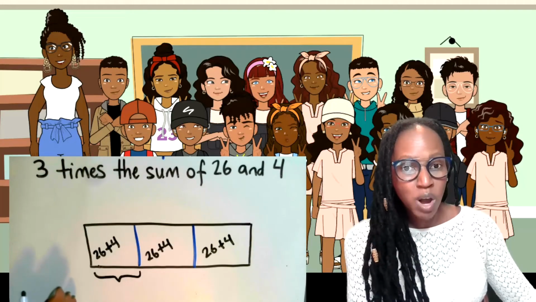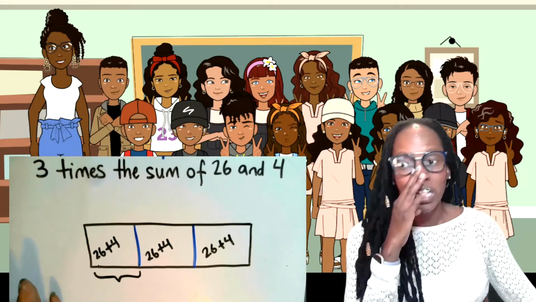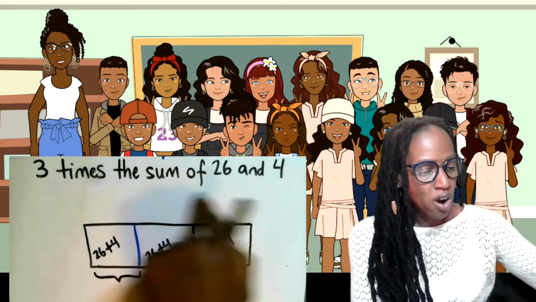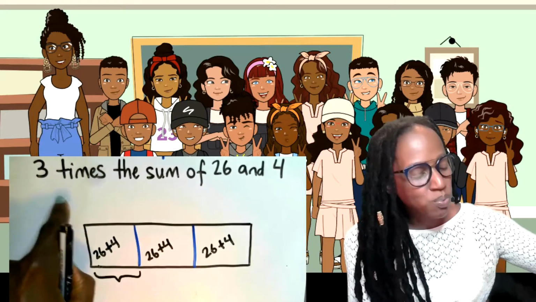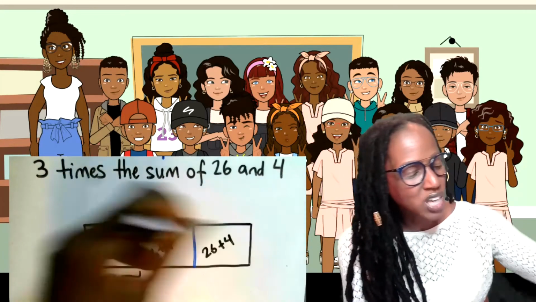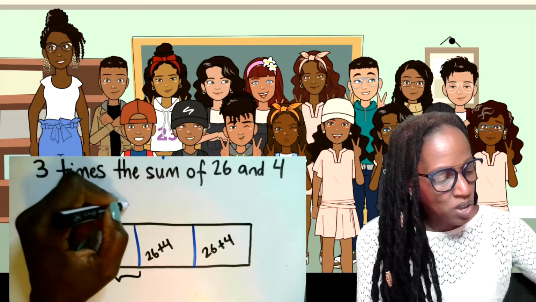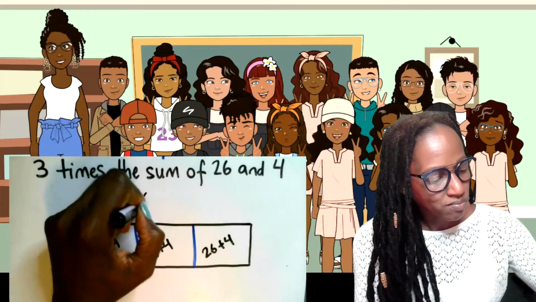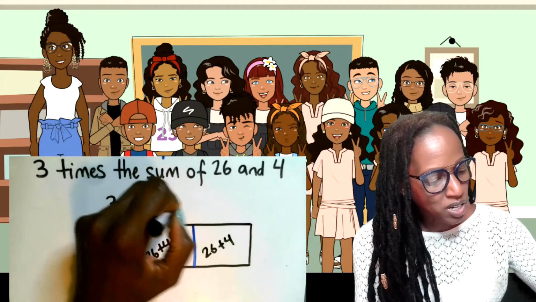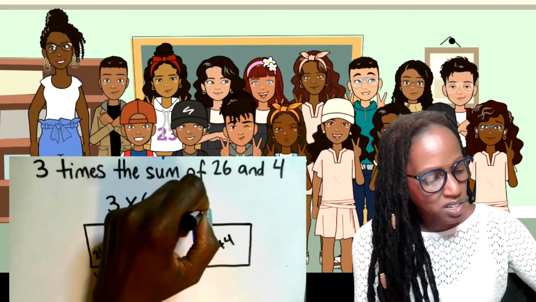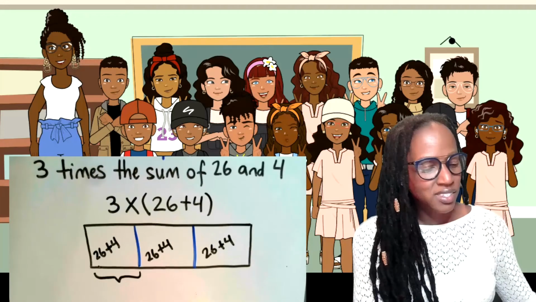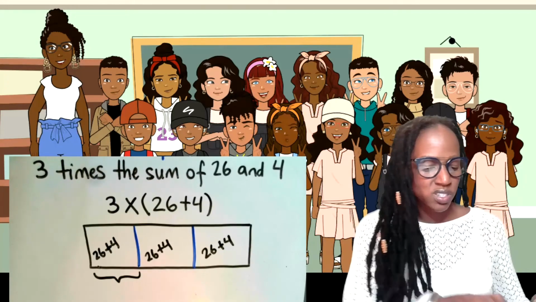So I might represent these words as the following math expression. I could say 3 times the sum of 26 and 4.